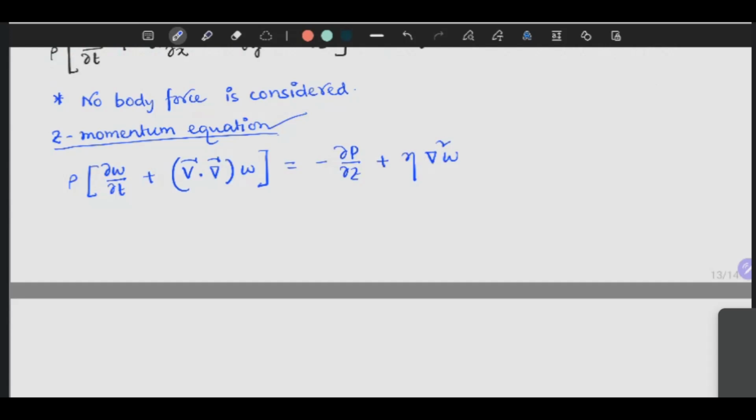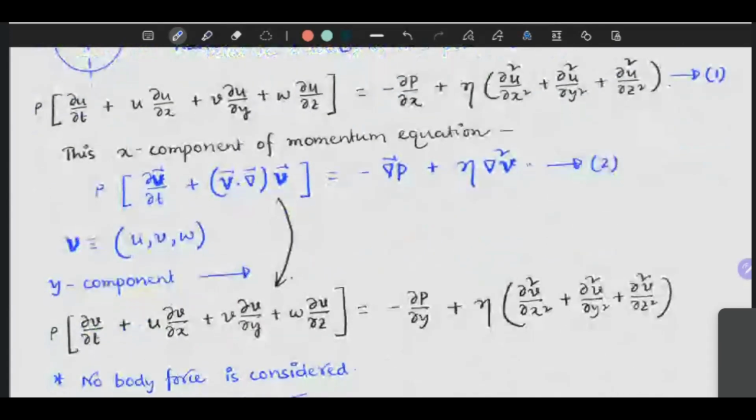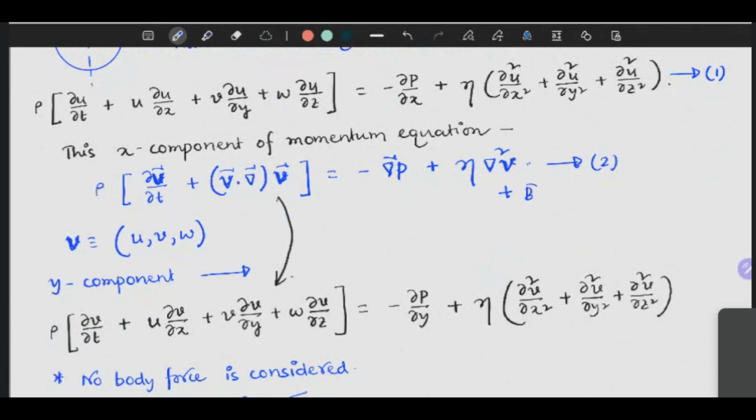So if you want, you can add a body force like this, but this force is not required in this discussion. So that is the body force.